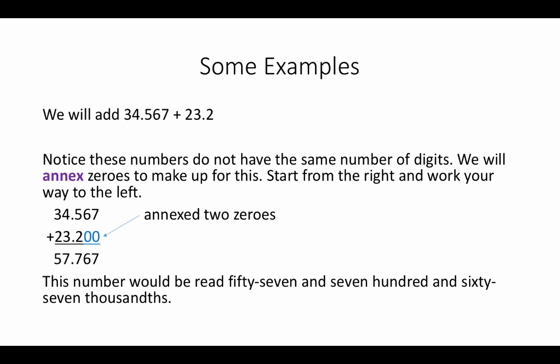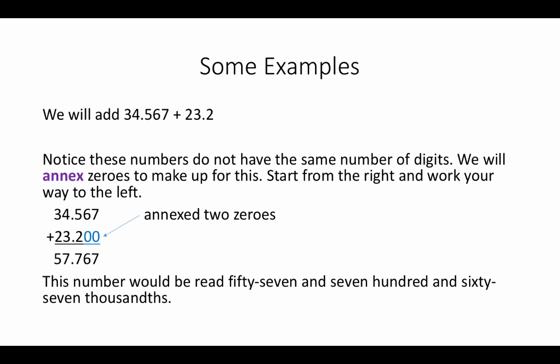All right, an example that we're going to use is 34 and 567 thousandths plus 23 and 2/10. Notice that these numbers do not have the same number of digits, so we're going to annex zeros to make up for this. We start from the right, and we're always working our way to the left, like normal addition. So I put 34 and 567 thousandths on top, plus 23 and 2/10 on the bottom.